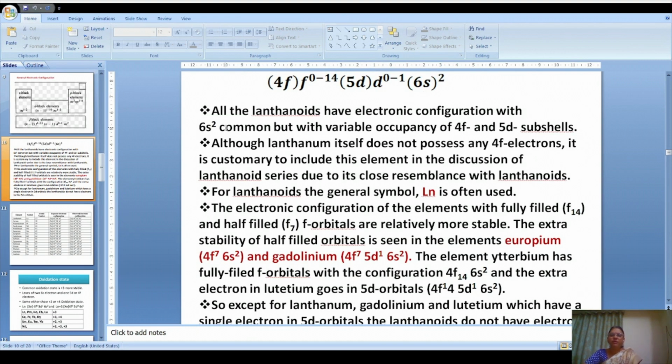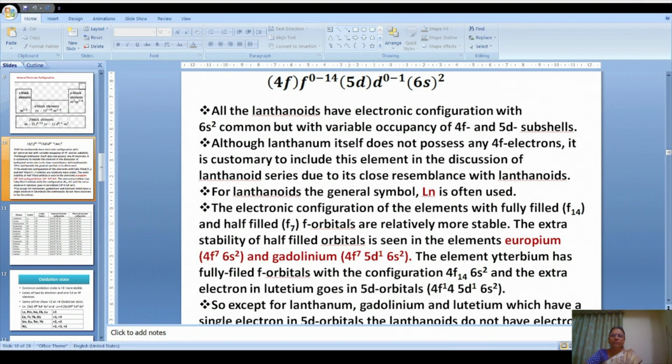If we see the electronic configuration of lanthanides, then all the lanthanides have 6s2 common, but the variable occupancy of 4f and 5d subshells. Lanthanum itself does not possess any 4f electron, but it is included in the lanthanides as it shows close resemblance with all the remaining lanthanide elements. For lanthanide elements, the general symbol Ln is often used.